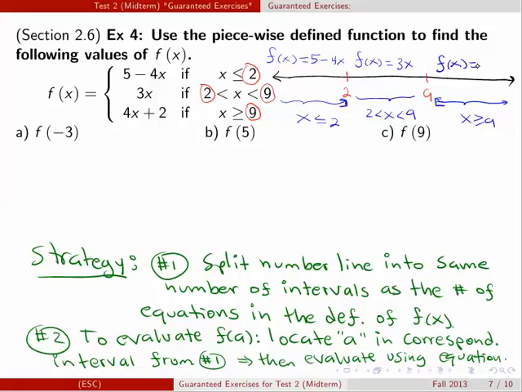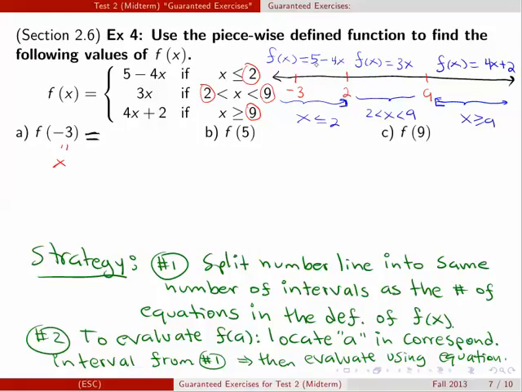So after we do the splitting, we're ready to evaluate. Let's do part A. Notice for part A, the x value that we're plugging in is -3. We find that -3 is in the first interval, and so we have to use the first formula, f of x equals 5 minus 4x.